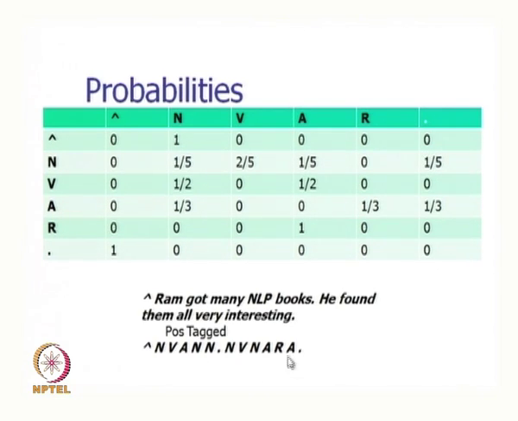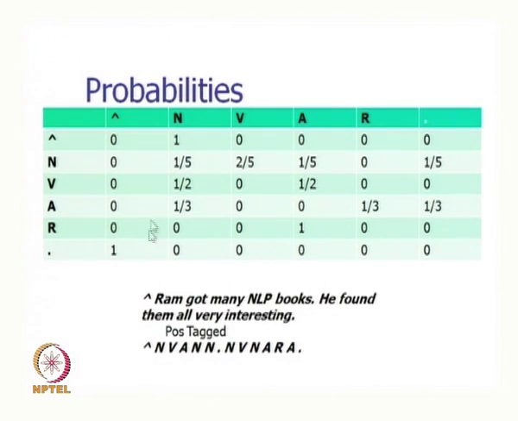In the corpus you can see that n appears 5 times: there are 3 nouns in the first sentence and 2 nouns in the second sentence. The noun is following the noun only in one case, namely this sequence. So, the n n sequence appears only once and there are 5 occurrences of noun, therefore, the probability is 1 by 5.